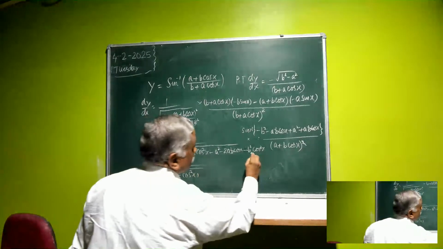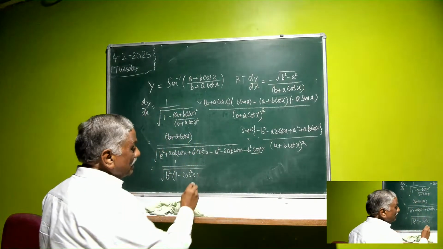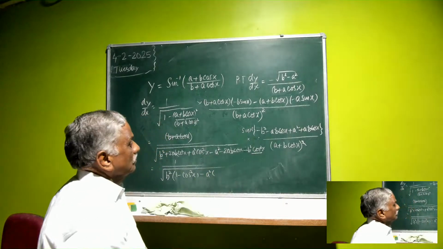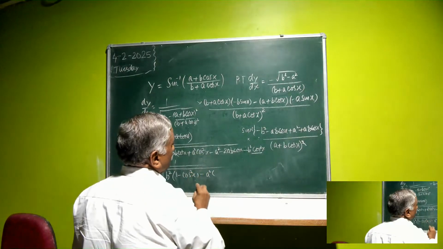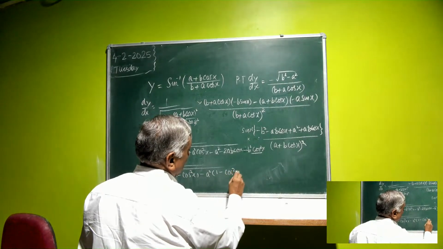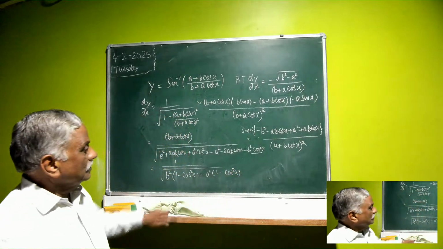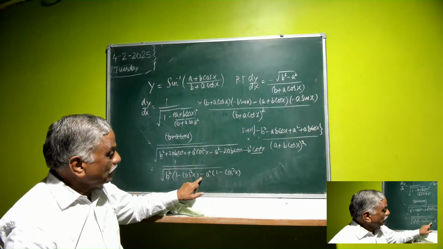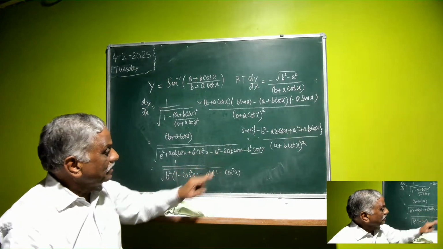You are grouping these two. Take minus a square common. You take minus a square common, you get 1 minus cos square x. So when I take minus a in common, this becomes plus 1. If you want, you can multiply and see, you get minus a square.